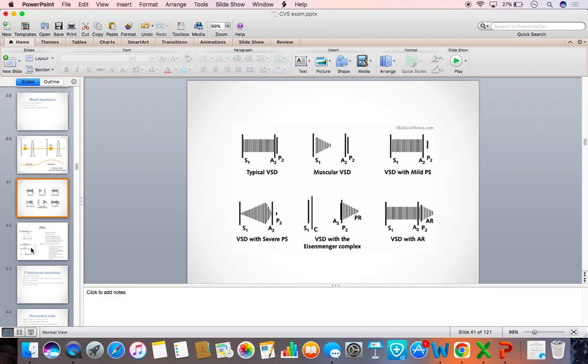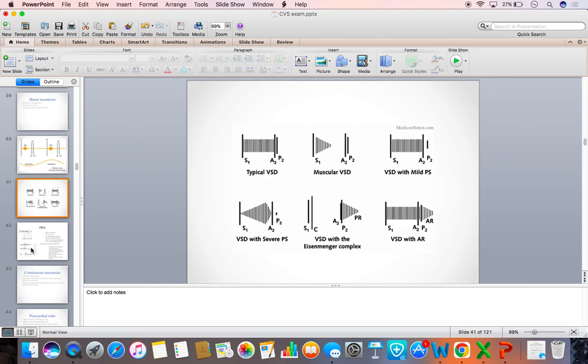Then, in the development of pulmonary arterial hypertension, there is wide splitting of the second heart sound. You see, P2 is much later than A2.